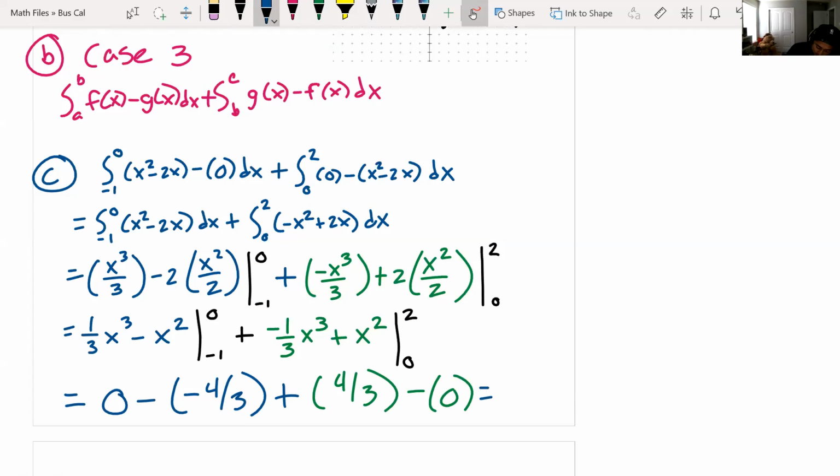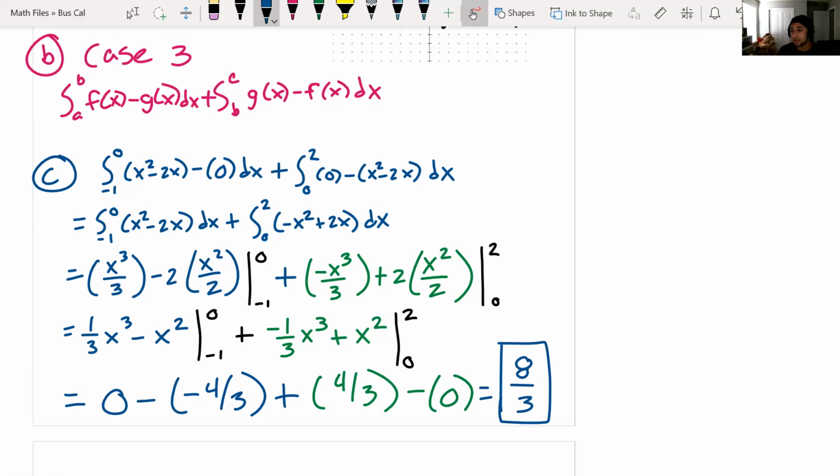Minus, minus, we know makes plus, right? So this becomes 4/3 plus 4/3, which gives me 8/3.